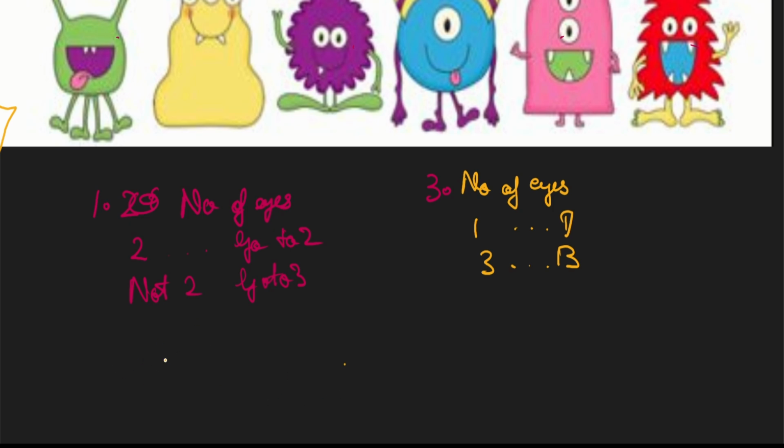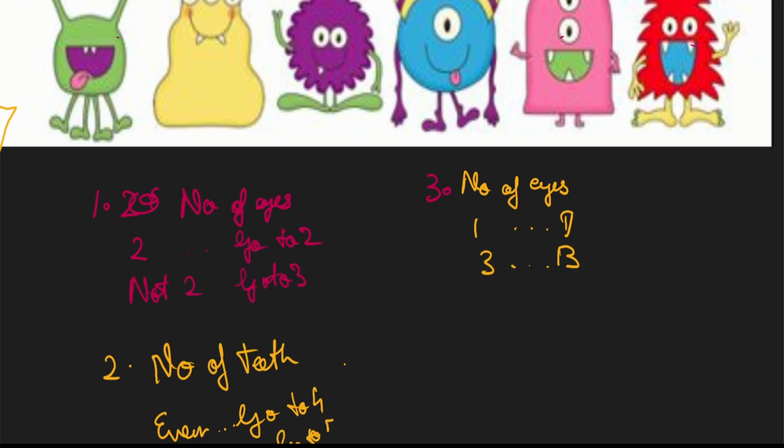Question 2 is number of teeth. If it's even, go to 4. If it's odd, go to 5.